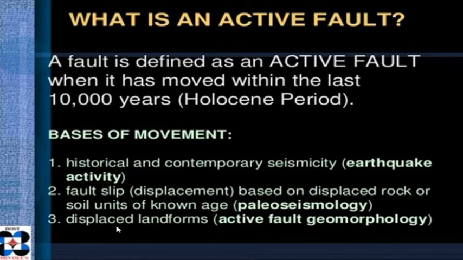And number 3, displaced landforms or active fault geomorphology. Yan po yung basis ng movement. Okay? So, yun po ang pagkakaiba ng active at inactive fault. Diba? So, in other words, active fault po, yun po yung fault na pwedeng mag-produce ng earthquake. Okay?